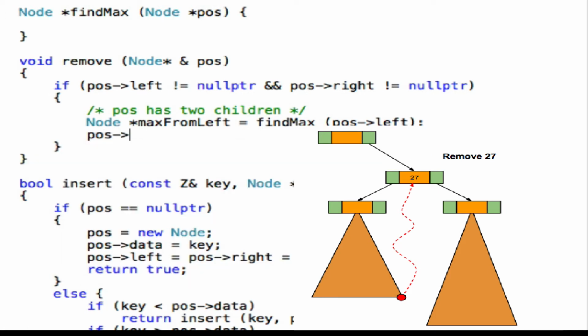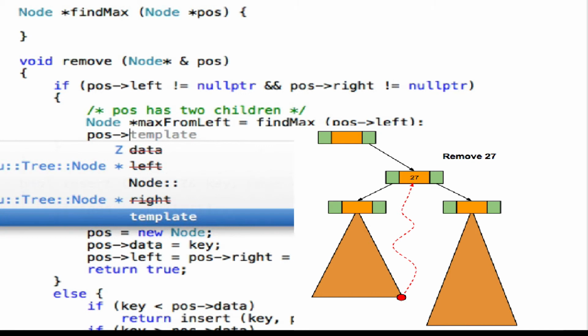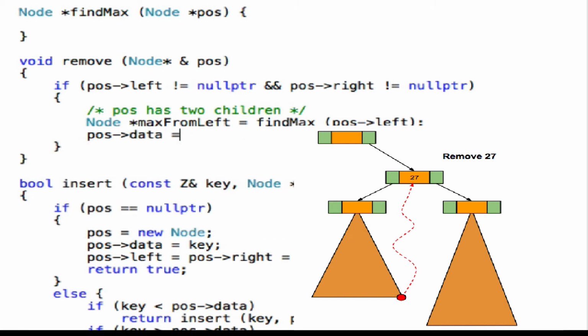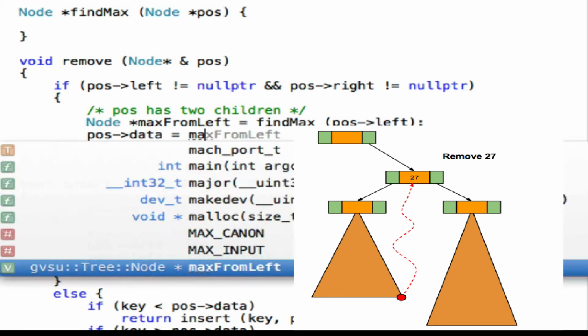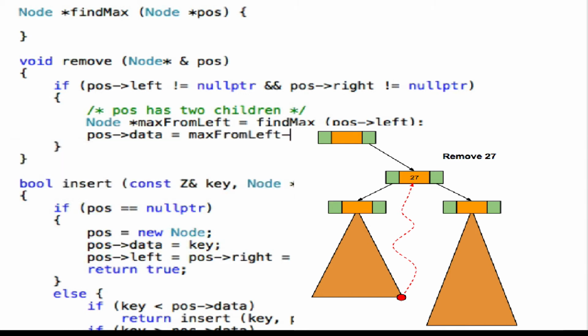Pos dot right dot left equals. First, I want to bring the value, whatever value is in here, and place that number up here. Pos data gets a copy from max from left data, right? Are you still with me? Okay?